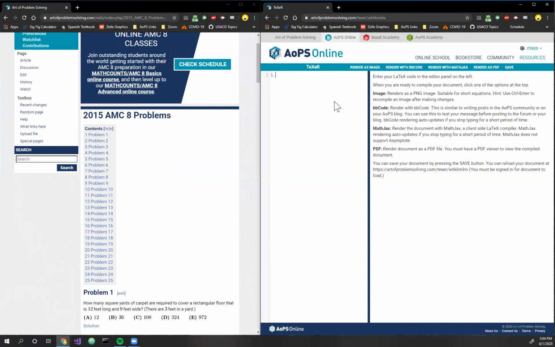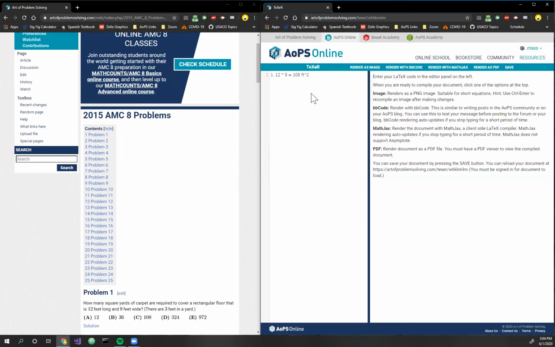Okay, so for number one, you have a rectangular floor. It's 12 by 9 feet long, and you want to find how many square yards it is. Also, I'll just write my answers on the side. Okay, so it's 12 by 9, so that's 108 square feet.